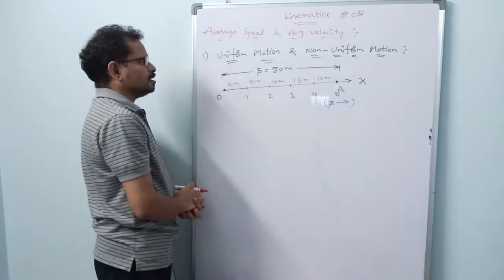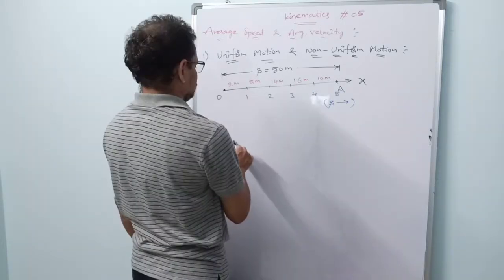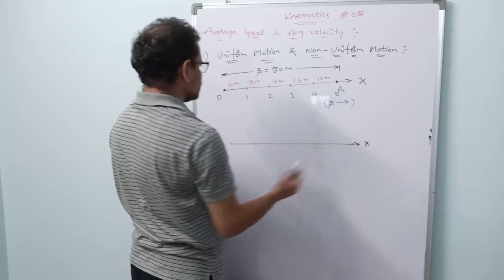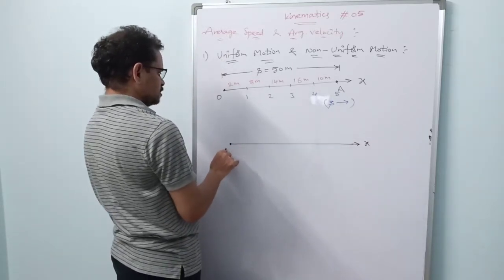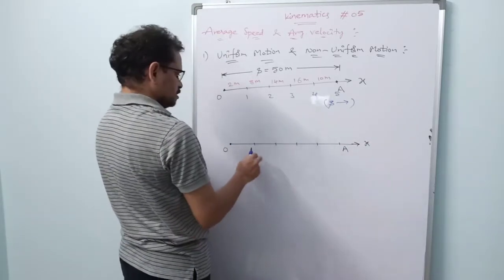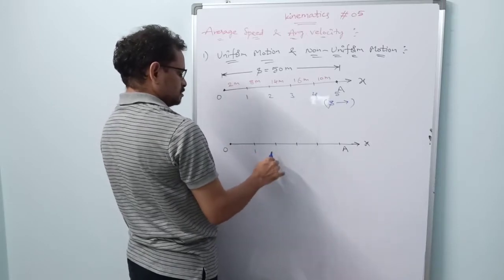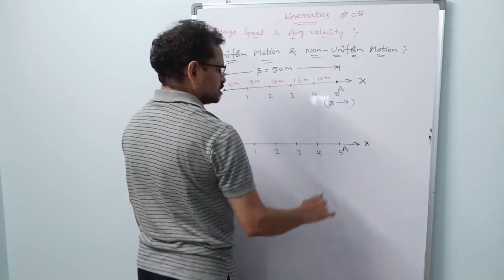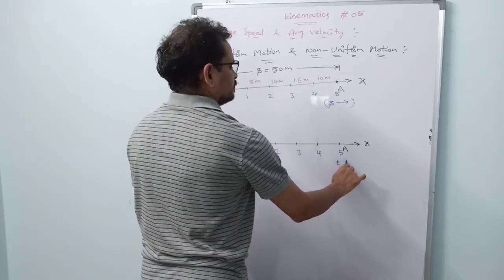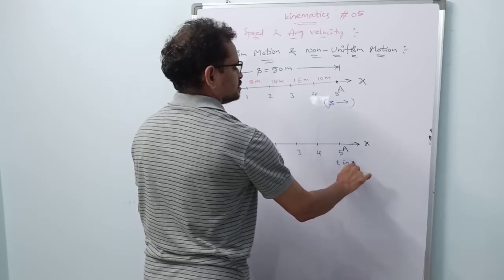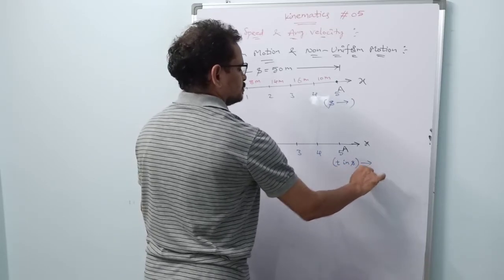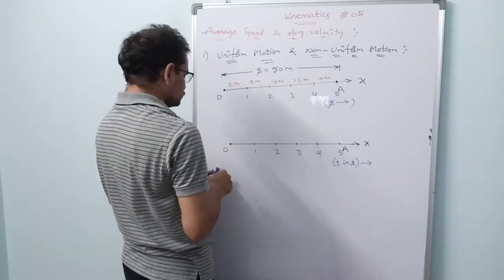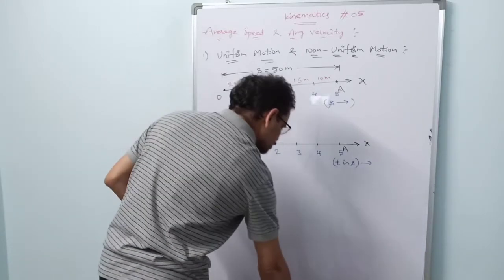Now let us check what uniform motion is. This is the x-axis, this is the origin. This is 1, 2, 3, 4, 5, time in seconds, taken along this axis. What is the total distance here?